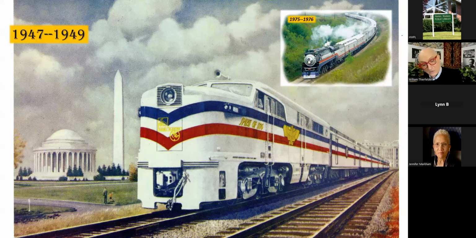And then there was a second one in 1975 and 76 to celebrate the American bicentennial. Now, each train had its own special red, white, and blue cars and a route that took them through the lower 48 states, and each stopped at various cities to display Americana, historical artifacts, etc. And that's why the 47-49 train was called a special exhibit train.